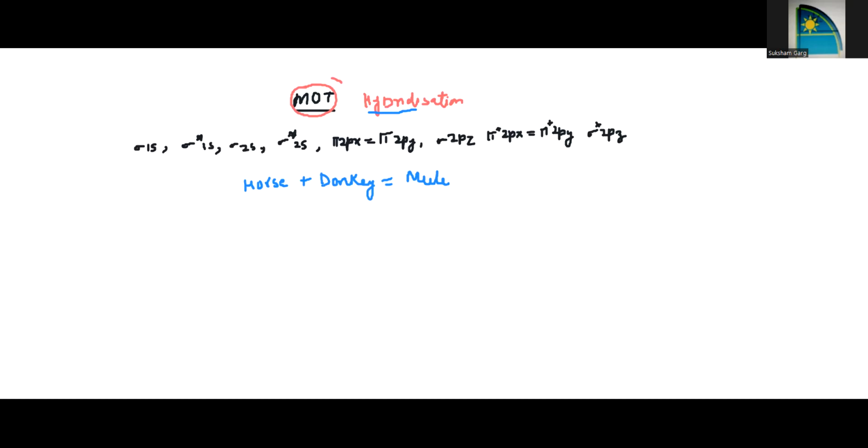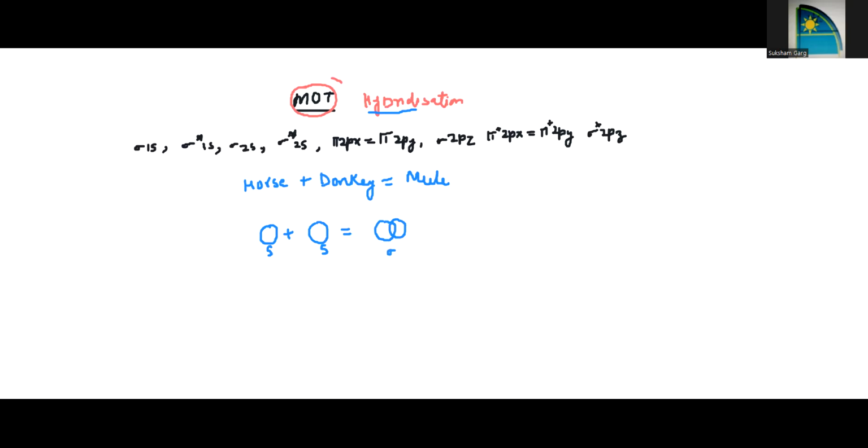It says that when two orbitals, supposing we have an s orbital which is spherical, and another s orbital which is also spherical, they form a new atomic orbital. Then they form a bond which is called a sigma bond.